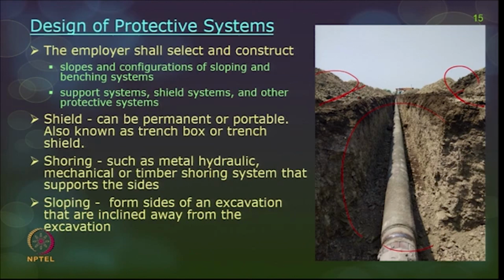So, the employer shall select and construct the slopes and configurations for sloping and benching systems. We will discuss what a sloping and benching system is, for which you should know the types of soil, and accordingly we have to understand the sloping and benching system. Sloping and benching are called natural ways of safeguarding the earth, and the artificial way of safeguarding the earth is either through shores or through shields.